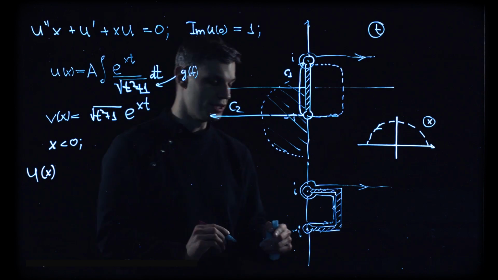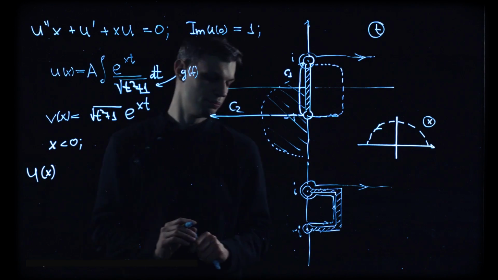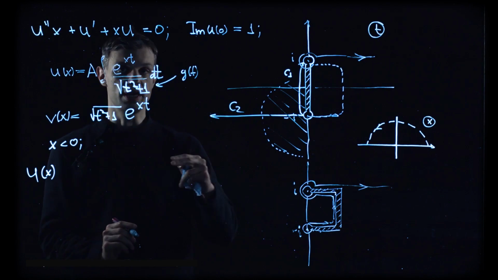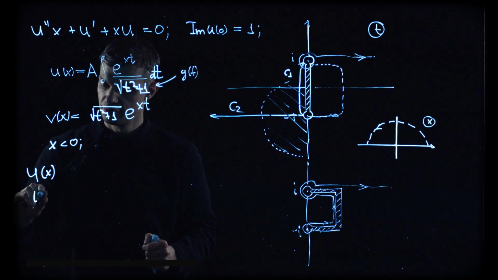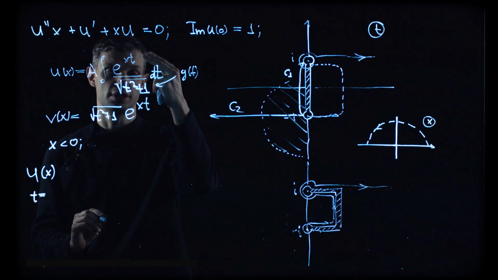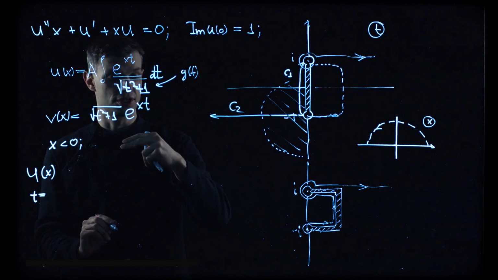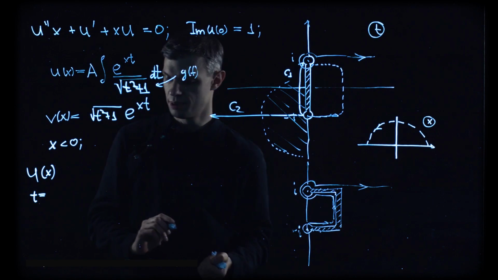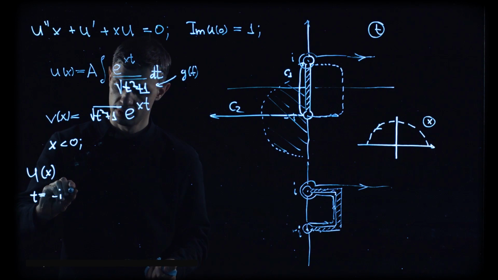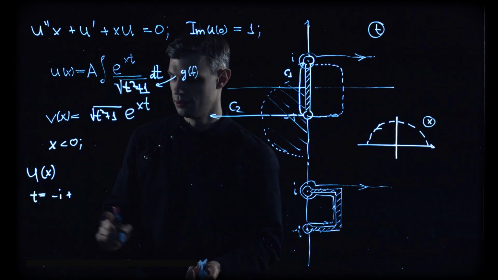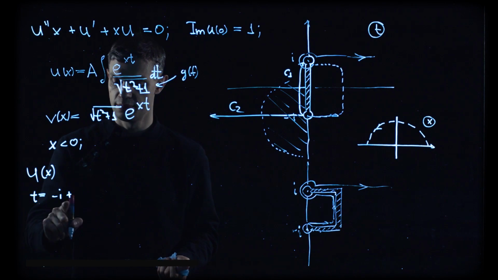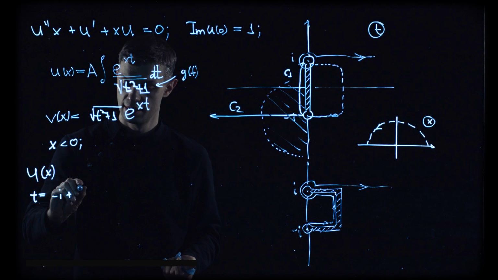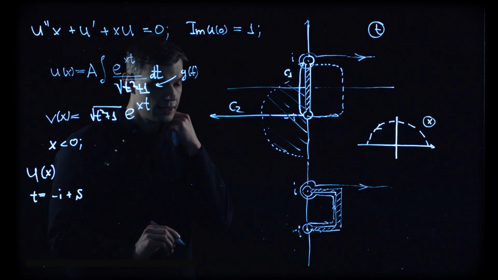First, let's address the contribution from the lower branch point. Again, we expand our exponent function and g function in the vicinity of the minus i point, and introduce the shifted variable s, t equals minus i plus s.